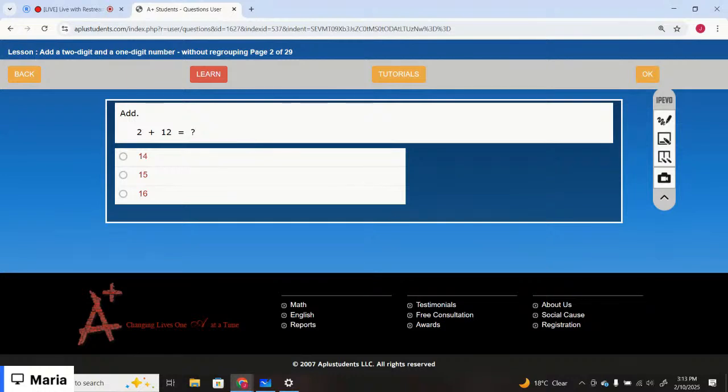12 plus 2, which is the correct option? So start with 12 and count up 2.